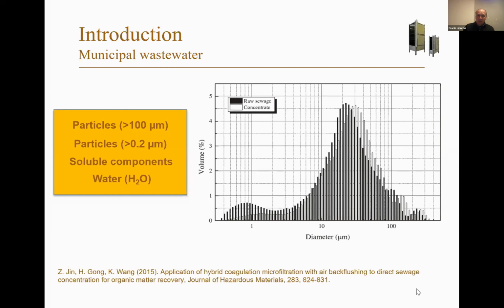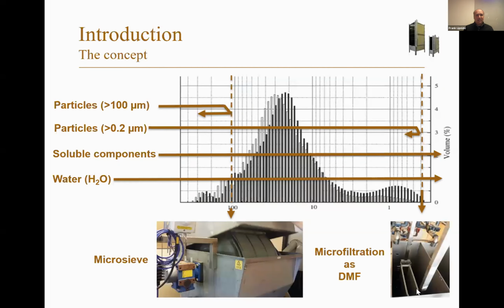When we look at the different types of processes, with a microsieve we can remove particles greater than 100 micron. With microfiltration, we can remove particles greater than 0.2 micron. So the only things remaining in the permeate are soluble compounds and certainly water.